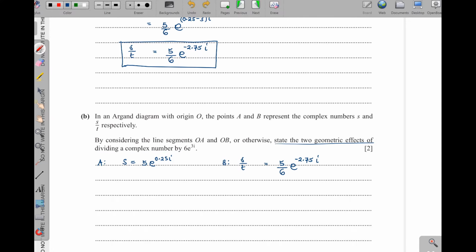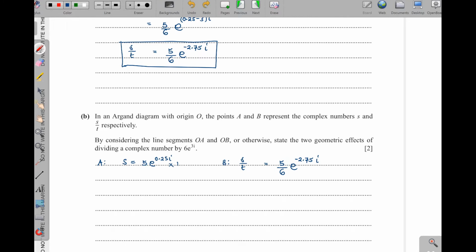We look at transformations. So what has happened? When you look at this one here, this one is 5, but this is 5 over 6. That means this one has been multiplied by 1 over 6. It is like I multiplied this one by 1 over 6, such that the 5 here now becomes 5 over 6.